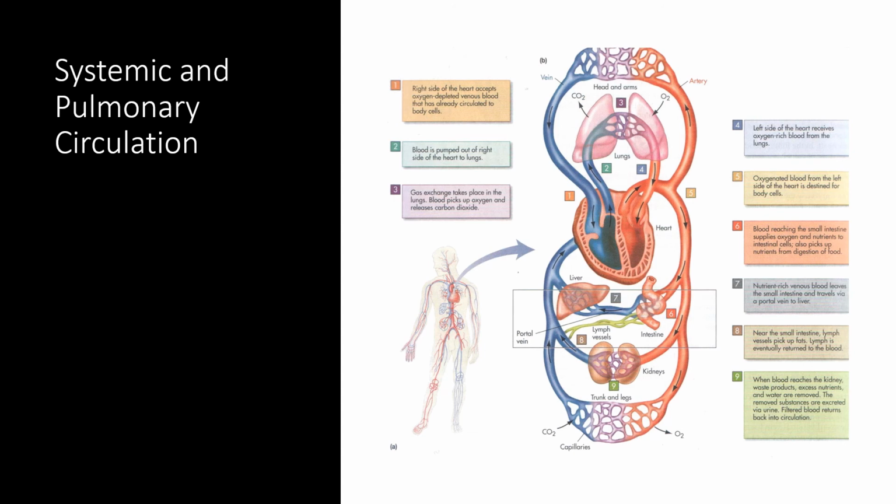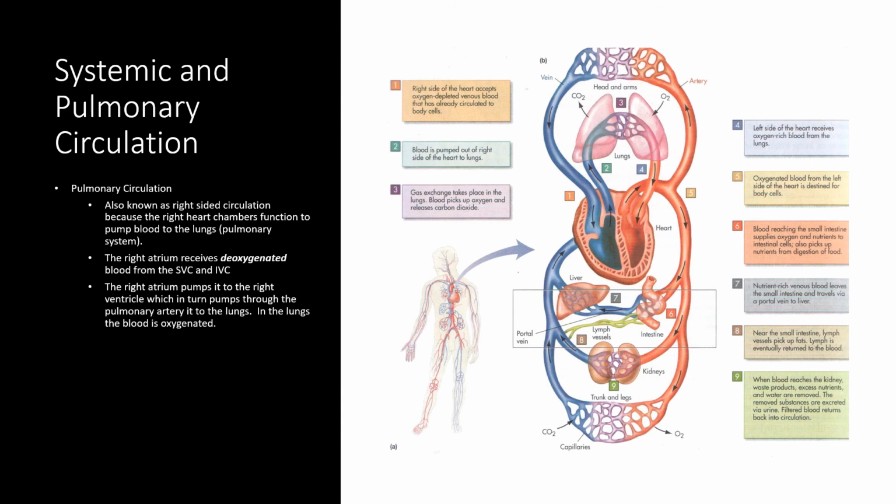Let's talk about the systemic and pulmonary circulation, because functionally speaking, we have 2 circulatory systems. Let's start with the pulmonary circulation. The pulmonary circulation is also known as right-sided circulation because the right heart chambers function to pump blood to the lungs, the pulmonary system, which is why it's called pulmonary circulation. This is how it works.